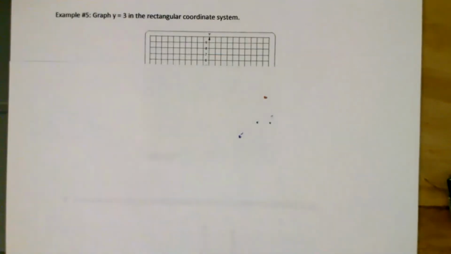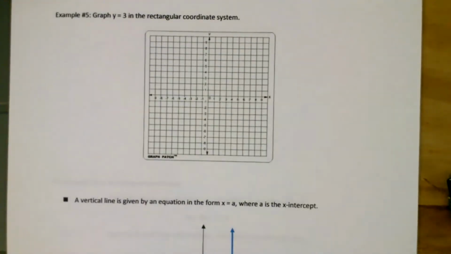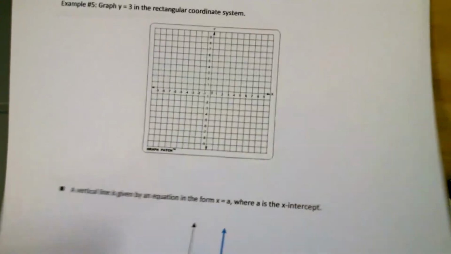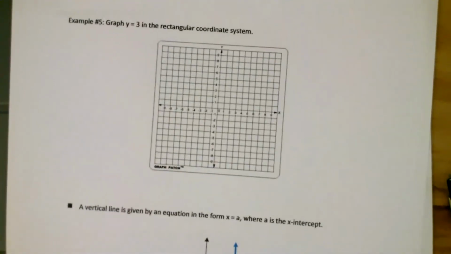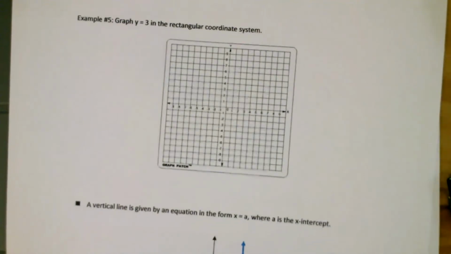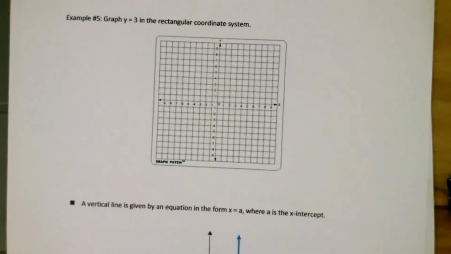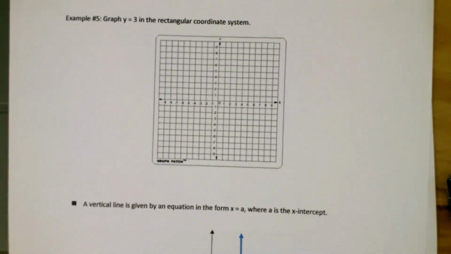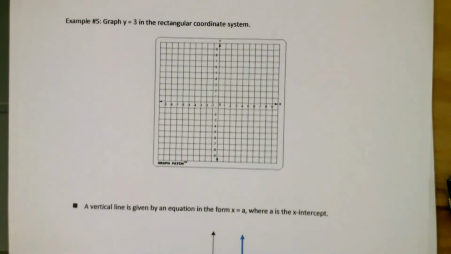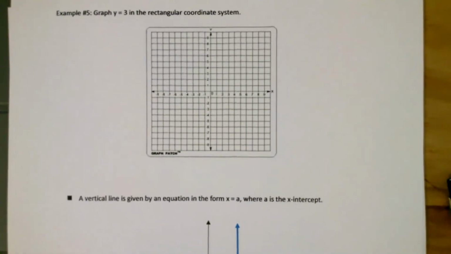All right, so let's say we have this. We want to graph y is equal to 3 in the rectangular coordinate system. Y is equal to 3. That's a constant linear equation.